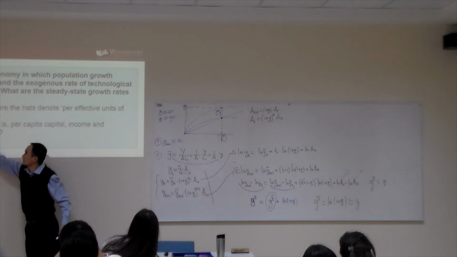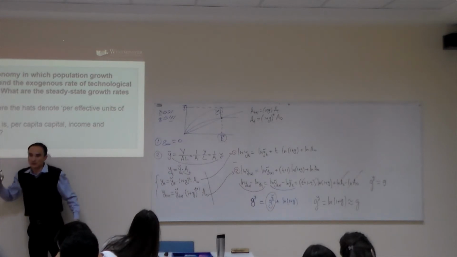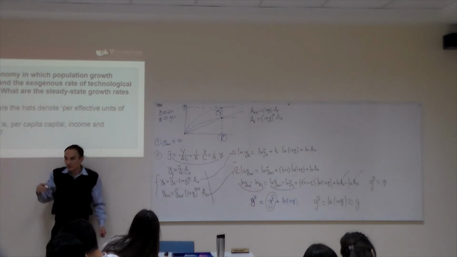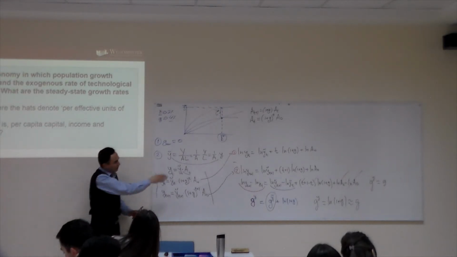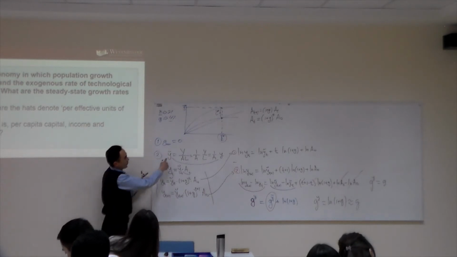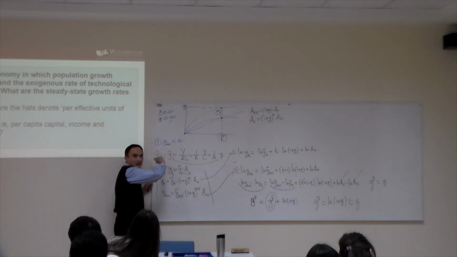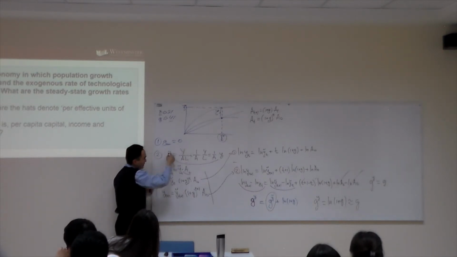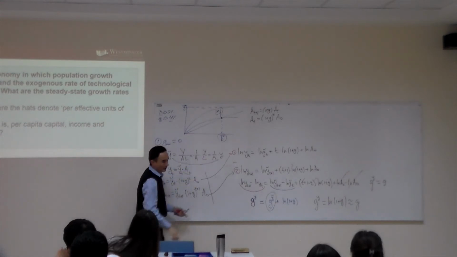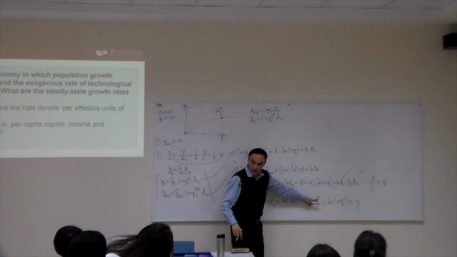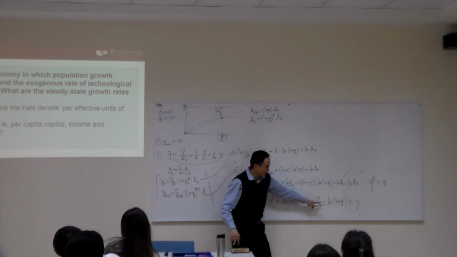What about consumption and capital per worker? It will grow by 4% too. Why? How can you derive? You can derive the same way. The only thing you change is that instead of y, you replace it with C. Consumption will be big C, small c, and again you will get that the growth rate of consumption per worker is equal to g.